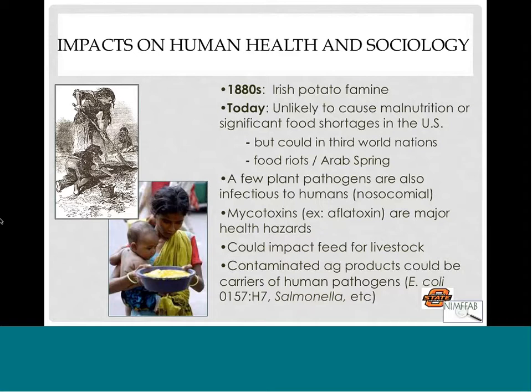Certainly, in agriculture, it affects livestock, the availability of feed. And then linked to this closely is the fact that contaminated agricultural produce could be carriers of human pathogens like E. coli, salmonella, and others. And we're seeing more and more of that kind of impact as well.